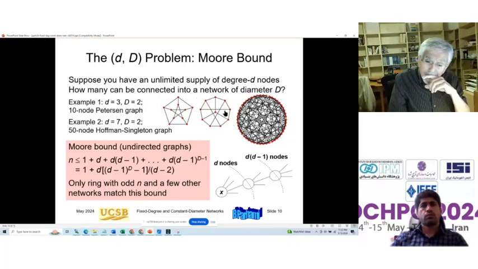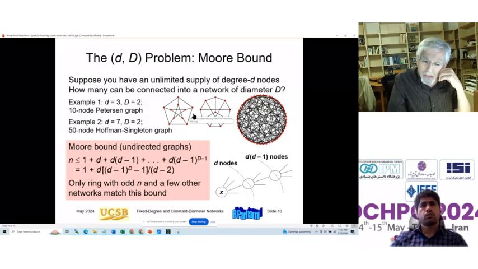The 10-node Petersen graph, these are two drawings of the Petersen graph, maximizes the number of nodes with diameter 2, node degree 3. Node degree is always 3, diameter is 2, and it's impossible to have more than 10 nodes in such a network. And the Hoffman-Singleton graph, this one, is a little bit more complicated.